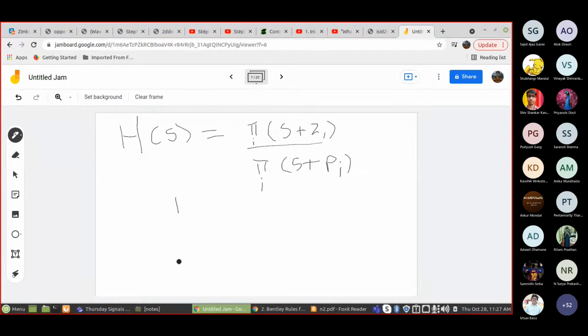Let's locate the poles first. They are specifically the points where the Laplace transform diverges.